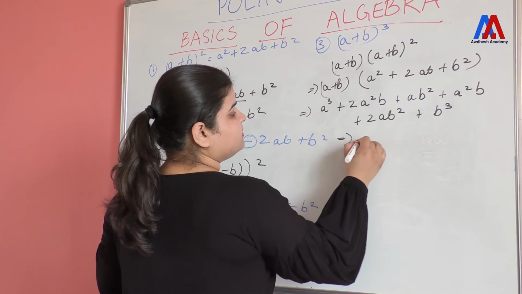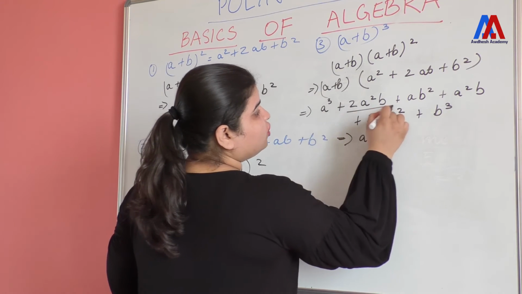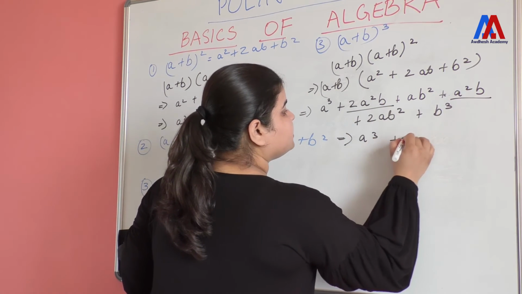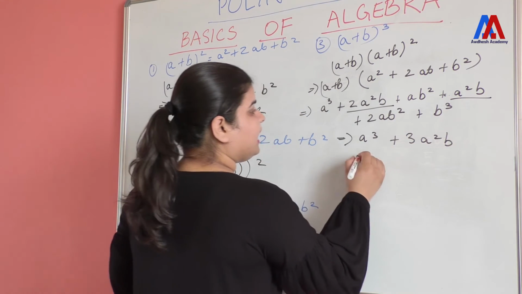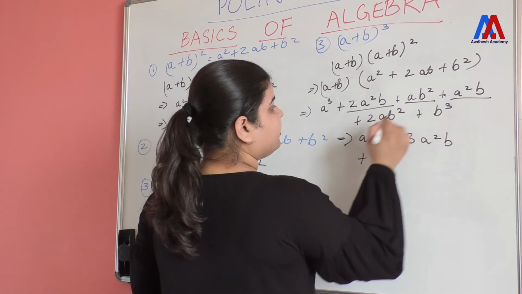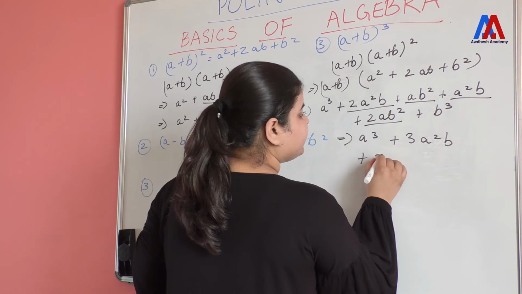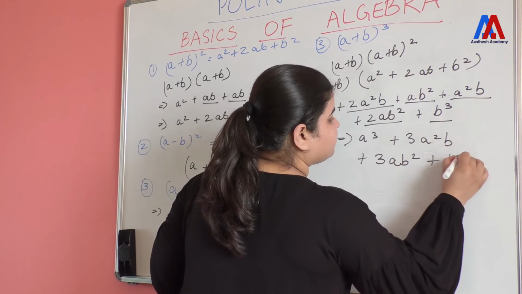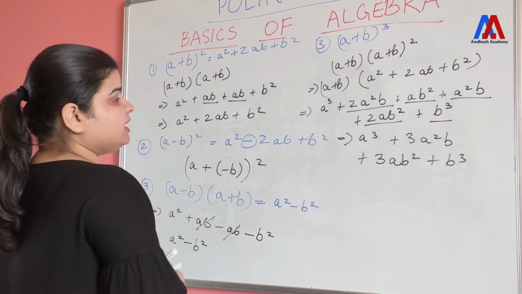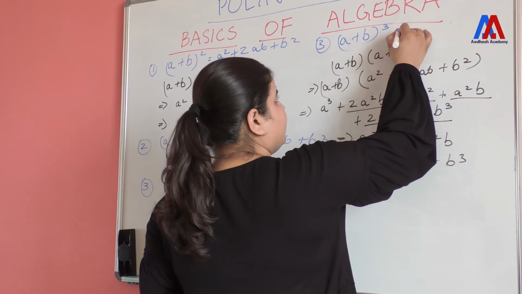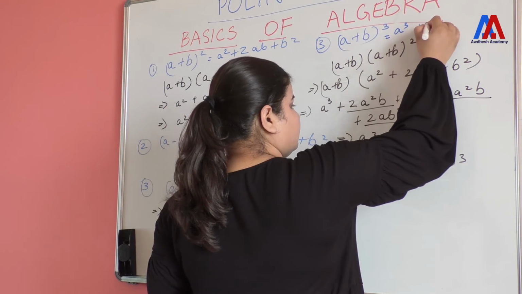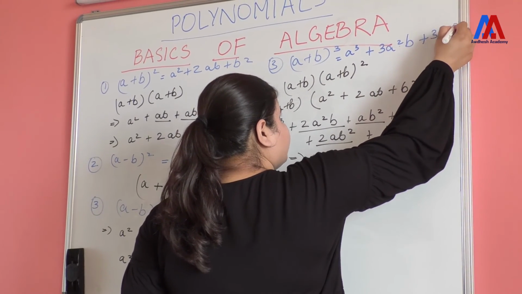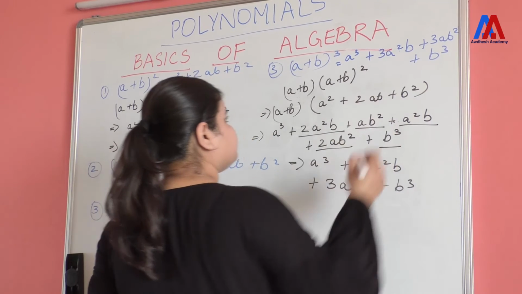Now this becomes a cube, the 2a square b here and the a square b here gives us 3a square b, and the ab square here and 2ab square here will give us 3ab square, and the b cube comes here. So a plus b the whole cube becomes a cube plus 3a square b plus 3ab square plus b cube.